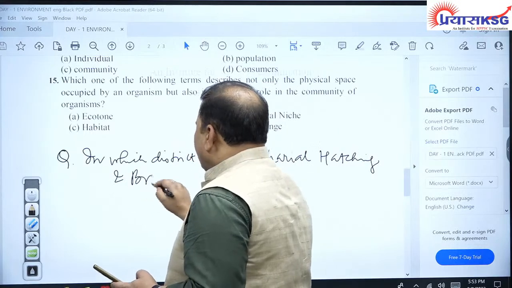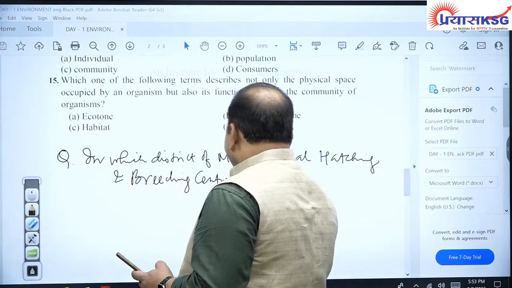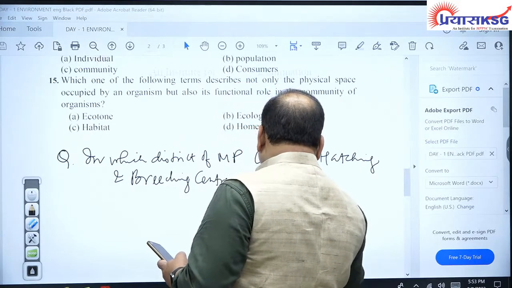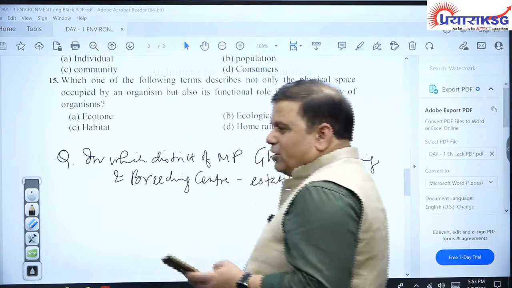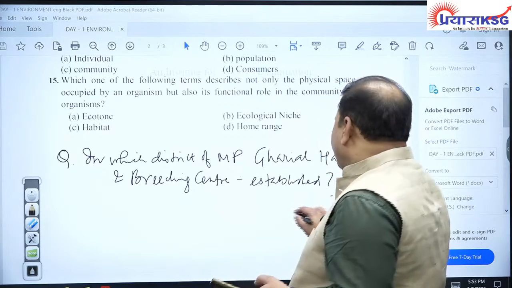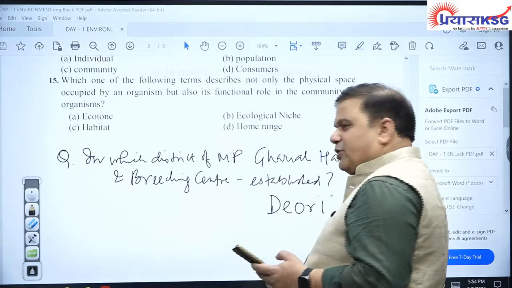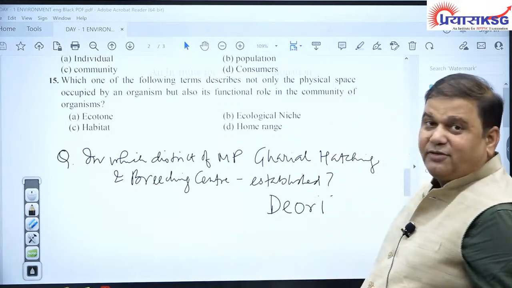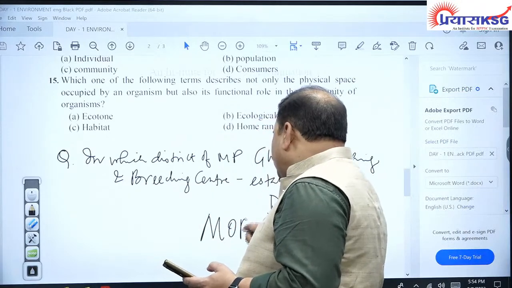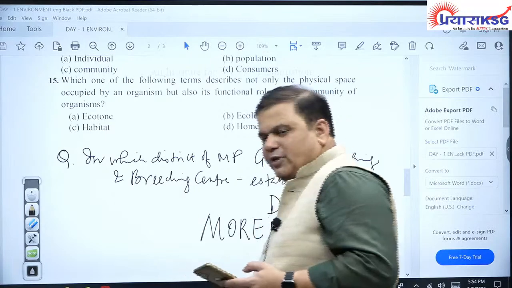So what will be the answer, children? That hatching and breeding center is called Deori Ghadial Hatching and Breeding Center. So it has been established in which district? It has been established in Morena district of Madhya Pradesh. Morena district of Madhya Pradesh.